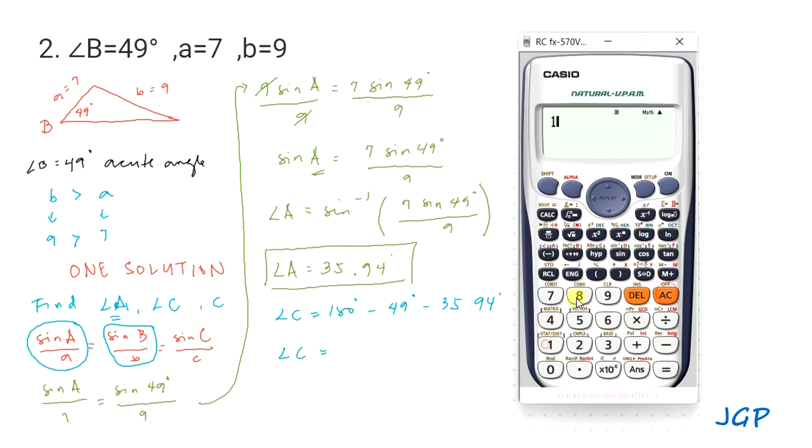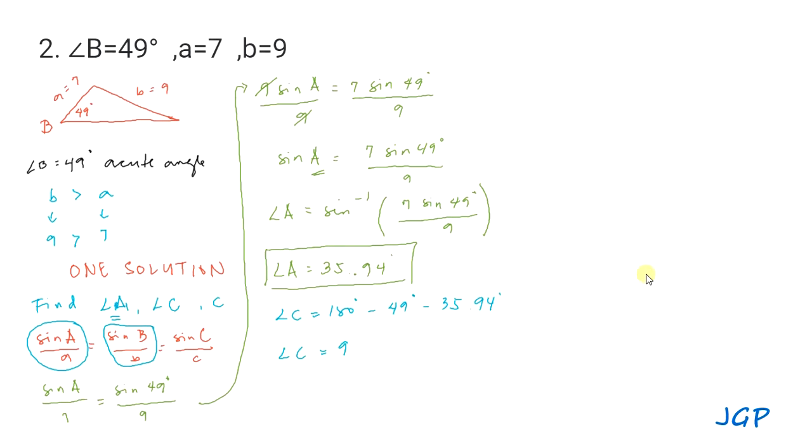So, we have 180 minus 49 minus 35.94, and that is equal to 95.06. So, we have now the value of your angle C.